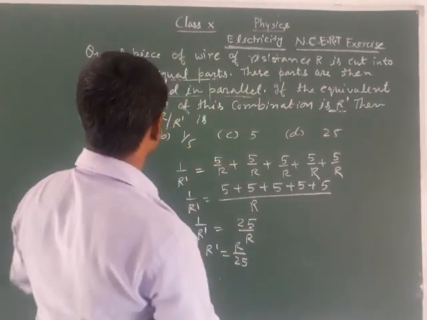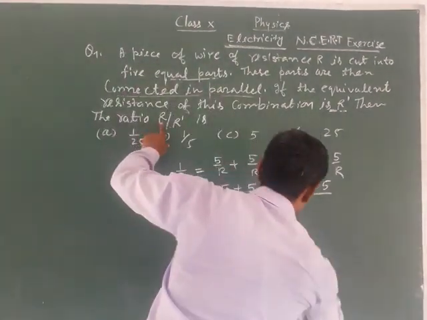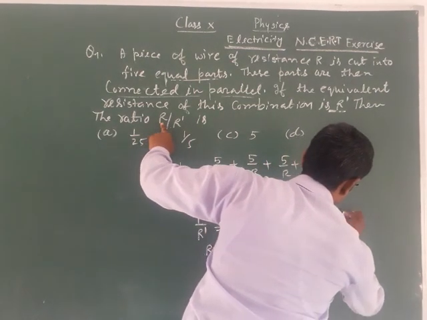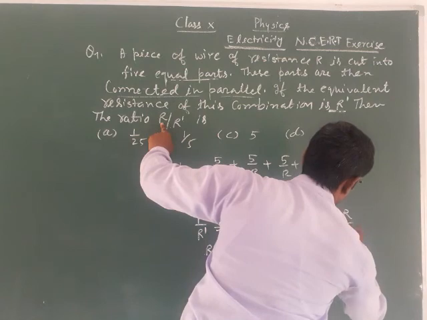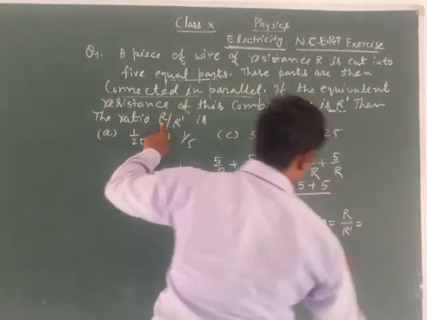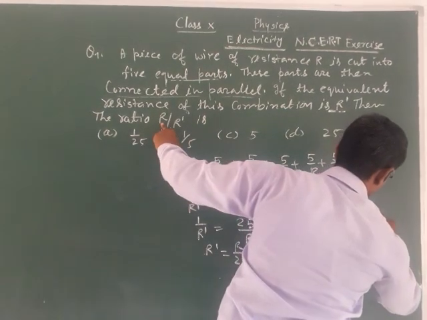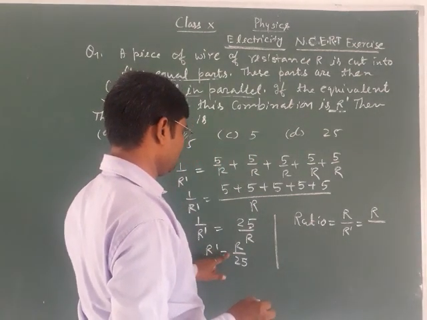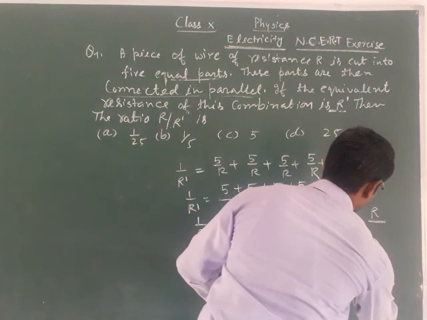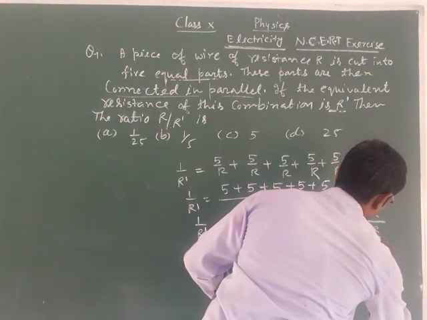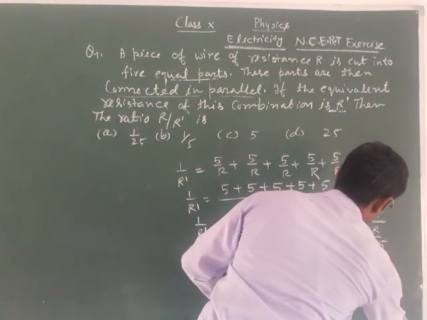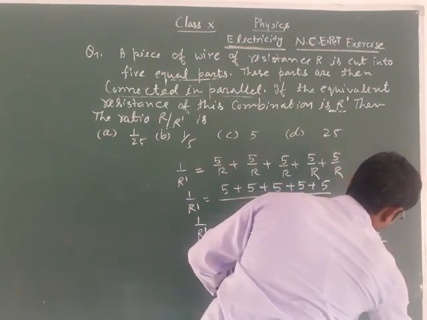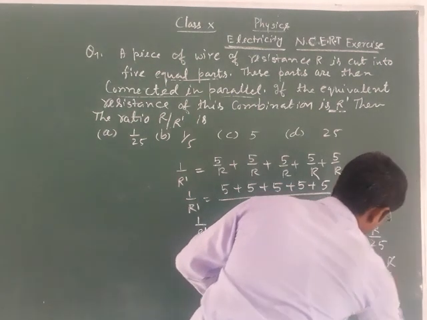Now the ratio R upon R dash: R is the resistance and R dash is R upon 25. Putting R upon 25 here, reversing 25, R upon R cancels out.